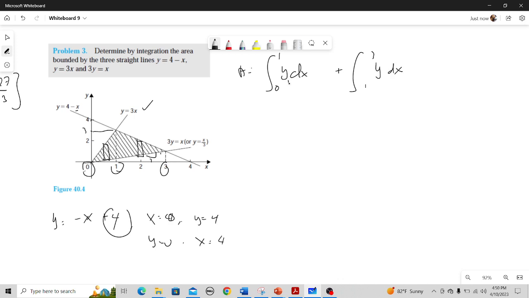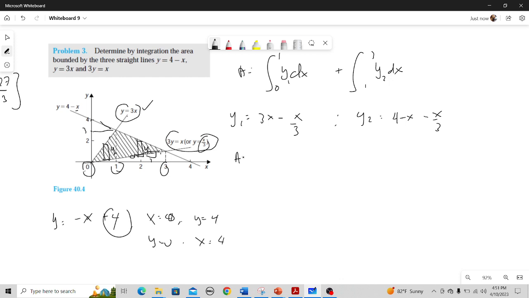Let's say this is y1, y2. Our y1 is this line, y is equal to 3x, minus this one, x over 3. And our y2 is this line, 4 minus x, minus the y coming from x over 3.